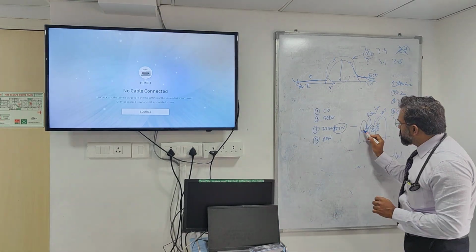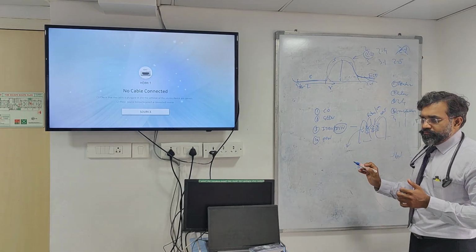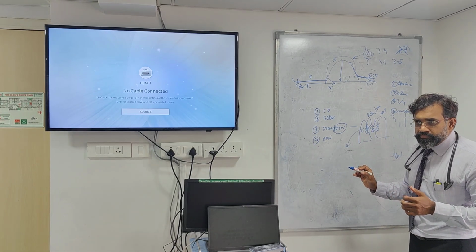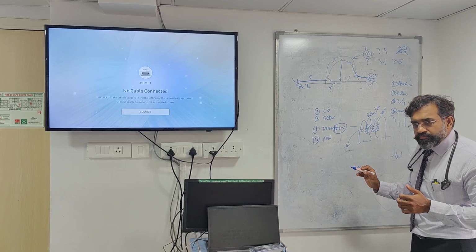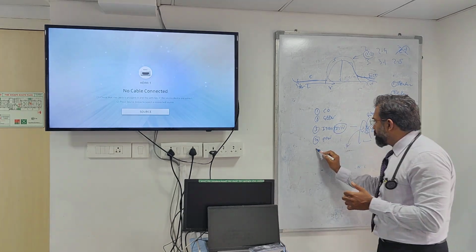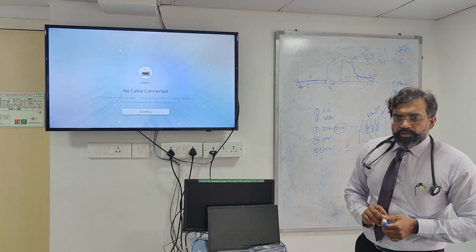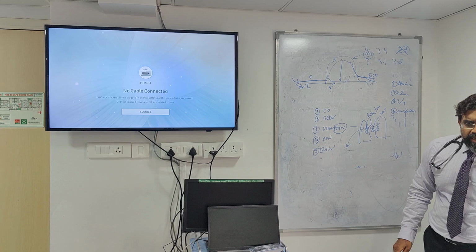So pulmonary blood volume is this outside, which includes the hilum. If I subtract this from this, I get extravascular lung water. Understood?